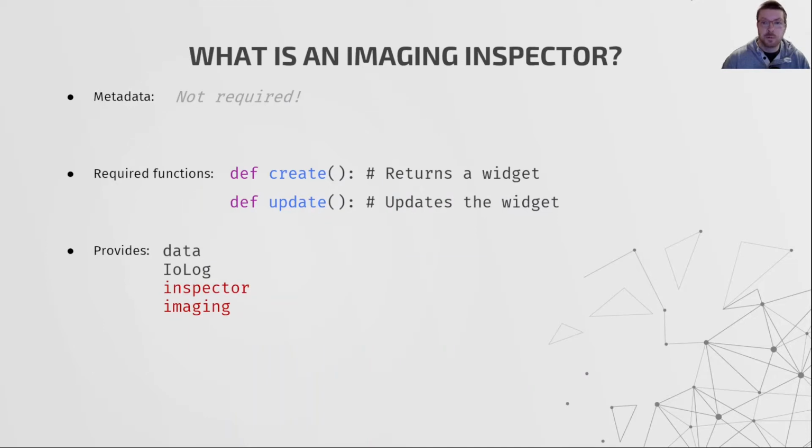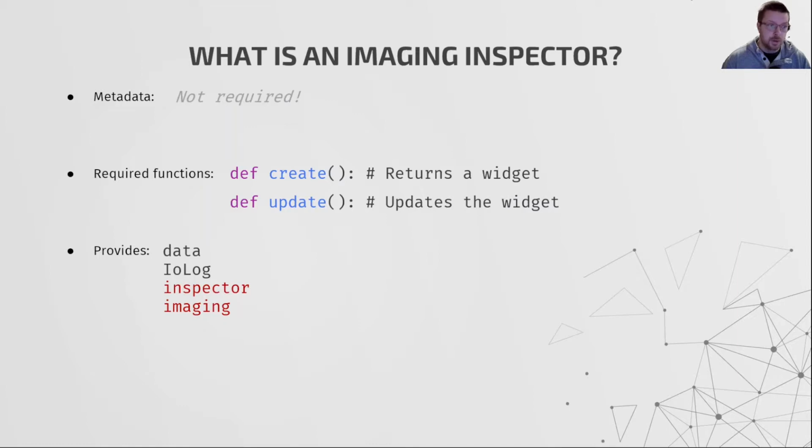Now we know what an inspector does and are motivated to create one, but before we get to that, we need to talk about what the requirements are for an inspector script. So an inspector script does not require any specific metadata. It requires two functions to be defined, one called create, which returns a widget to put into that inspectors list, and the other is update, and that will be called whenever the loop changes its position or geometry, or the selection of a region of interest or profile happens in those tables.